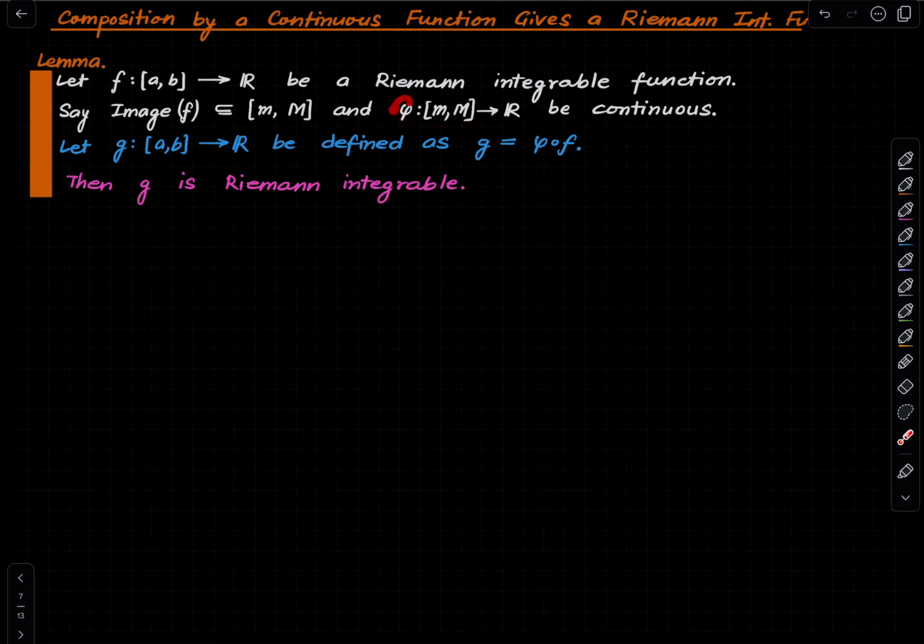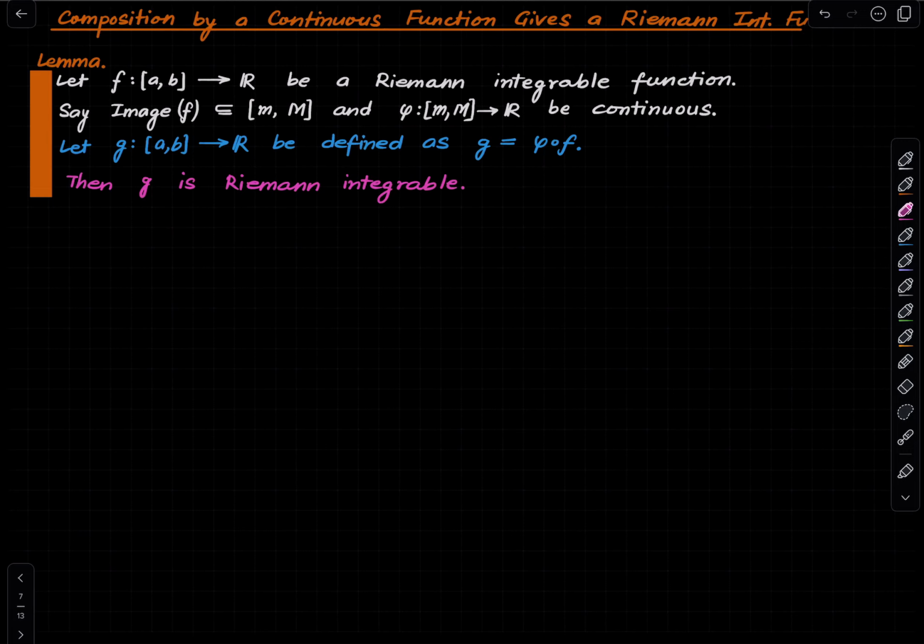So one can compose phi and f, and let us call G the composite of them. We claim that G is Riemann integrable. So the composition of a Riemann integrable function with a continuous function is again Riemann integrable.